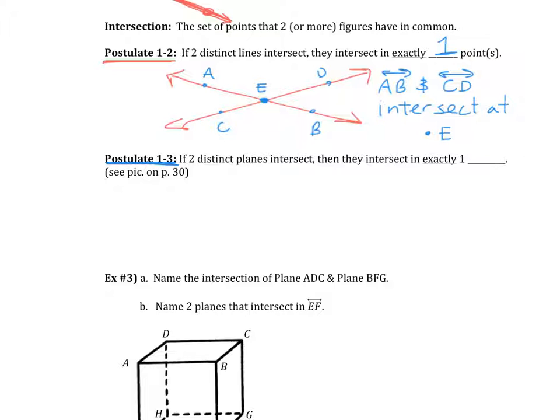What did I use physically? What did I show you with? A piece of paper, right? So a plane, think of it like something that has no thickness, keeps going forever, right? That's a plane. This says if 2 distinct planes, so if a plane here and then a plane that goes through here intersect, they intersect in exactly 1 blank.